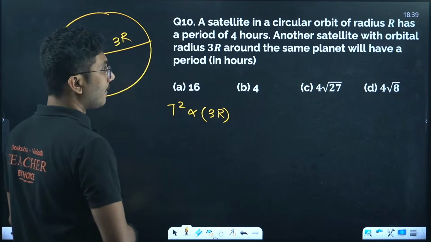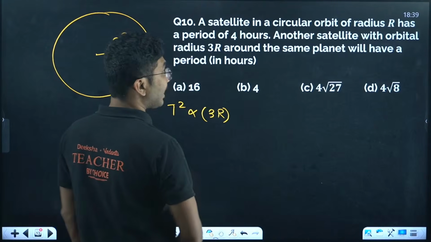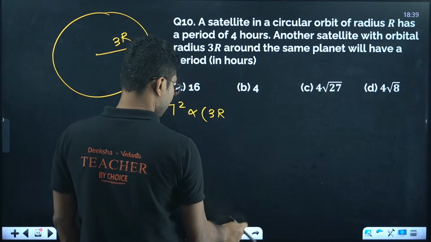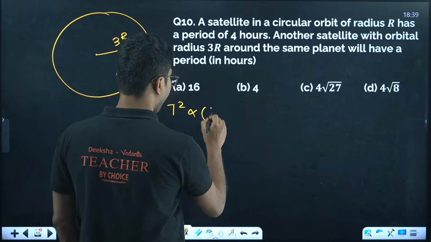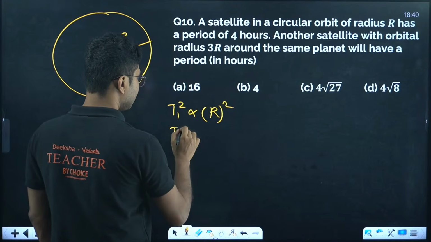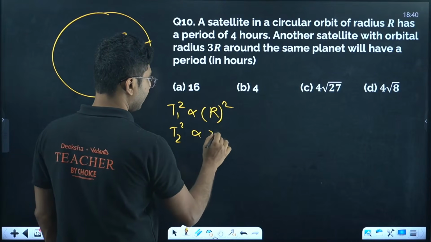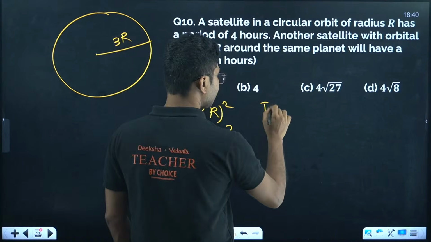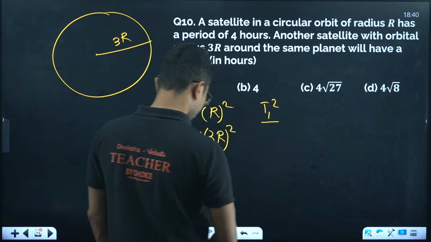Okay, the first one has a radius r. Second one has a radius 3r. Okay, so it is the ratio of these two quantities. So T1 square by, sorry, I just made a mistake.